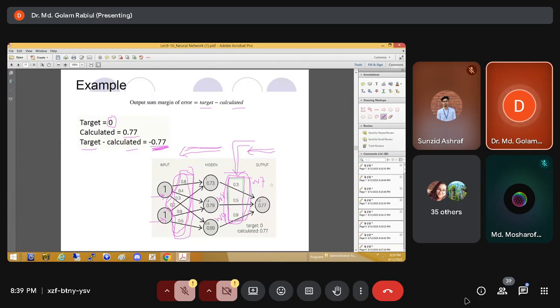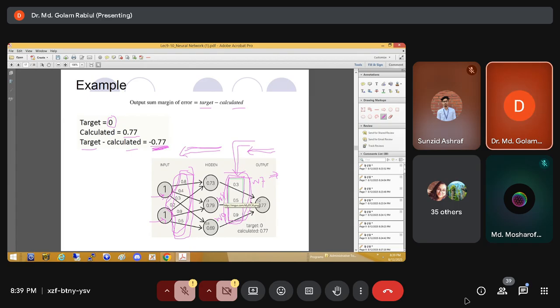So how can we update? How do we know whether we have to increase the value of W7 or decrease it? Whether an increment will give us less error or a decrement will give us less error. Similarly for W8 and W9, whether we need to increase or decrease these values.